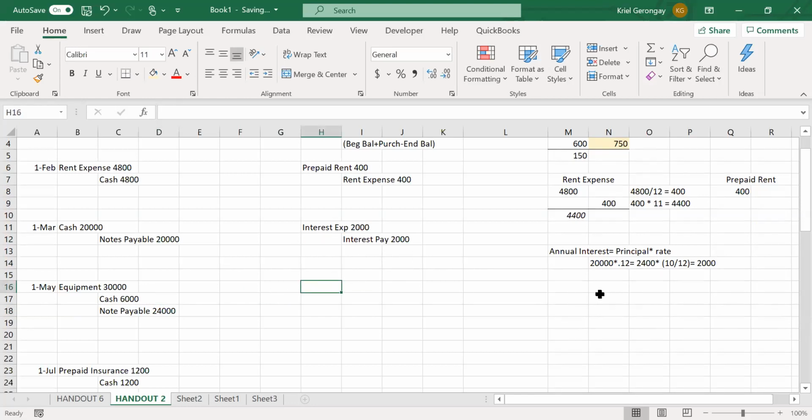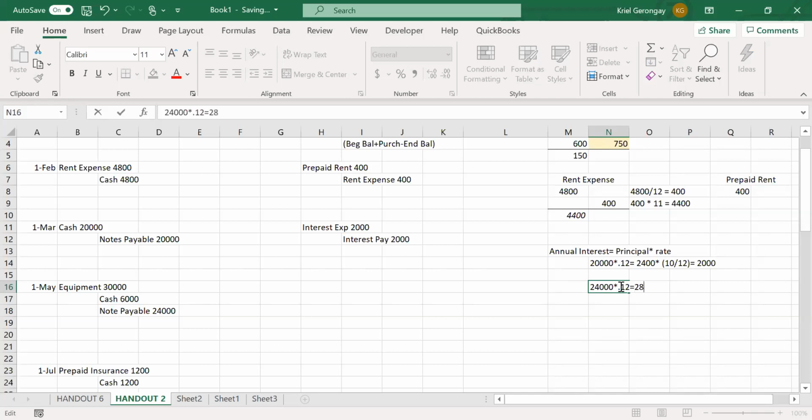For the note, we have a $24,000 note with an interest of 12%. Since this interest is good for the entire year, we have to only recognize the interest that was earned from May to December.